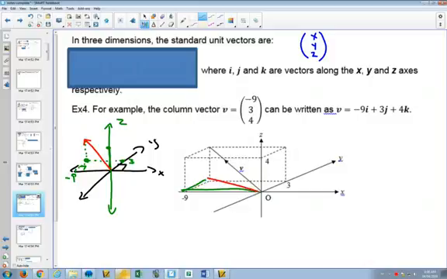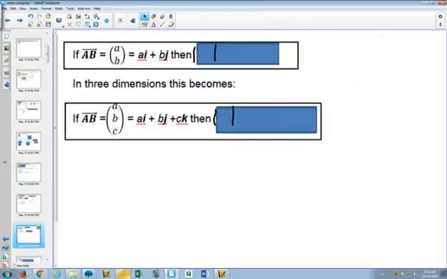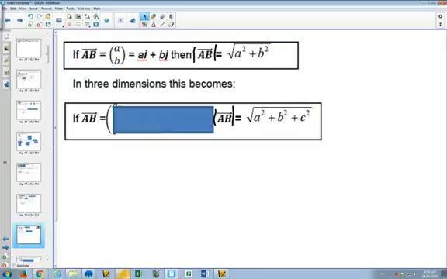And then once I have that length, I make another right angle triangle and I could do a squared plus b squared equals c squared again. What's really neat about doing that is that the formula just becomes the square root of a squared plus b squared plus c squared.